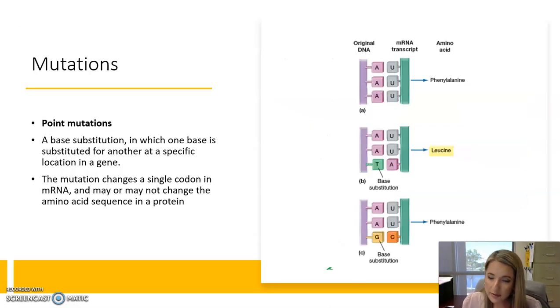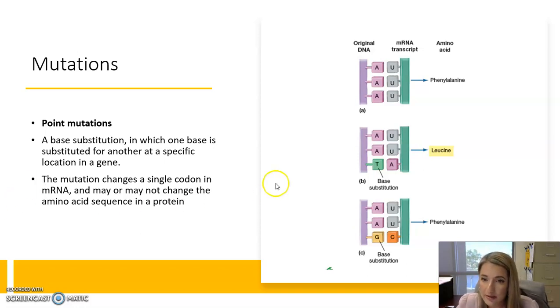So regardless of whether the mutations happen through a spontaneous route or an induced route, there are different types of mutations. One being a point mutation, and the second being a frame shift mutation that we'll see next. Point mutations are mutations where one nucleotide is substituted for another.